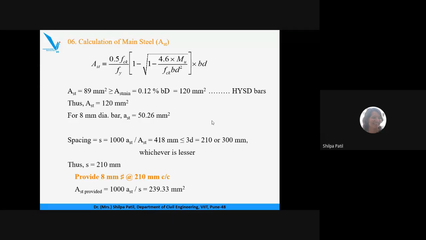Quickly do the calculation and tell me whether the correct value you are getting, whatever I have written, the same value you are getting or not.